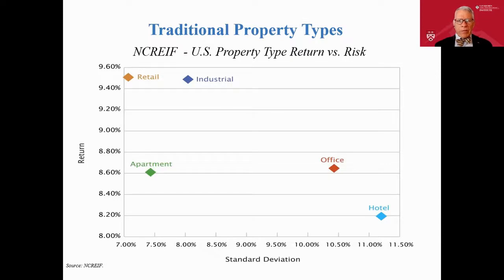So in this graph, what you see is the historic returns, and NCREIF started again in 1978, so the index is now 40 years old. That's a good long time frame. And there's something interesting here. What you see is the average return over that time frame, and then the standard deviation, or the variation, of that return.